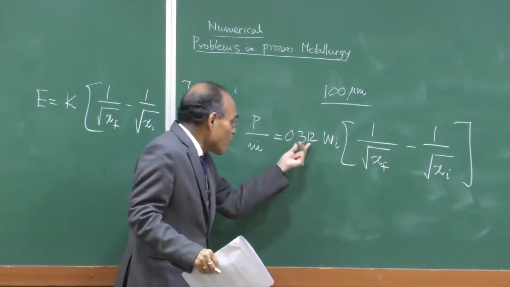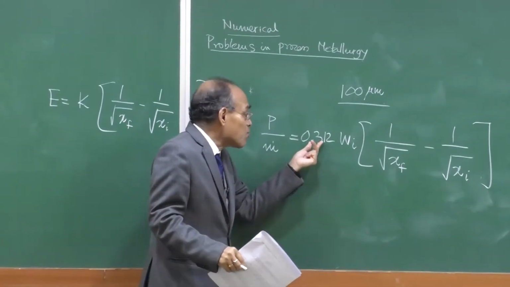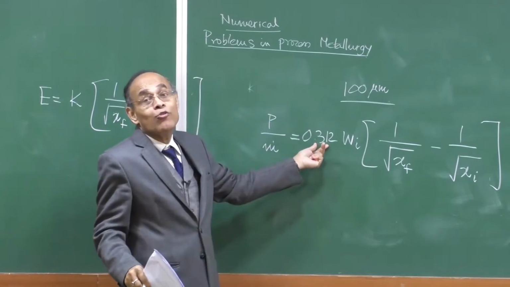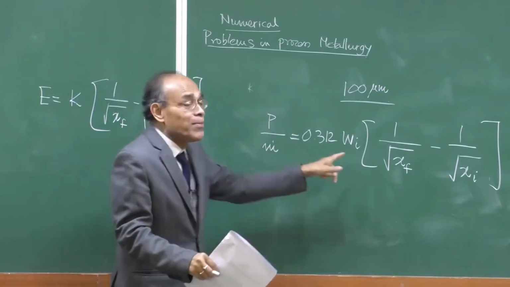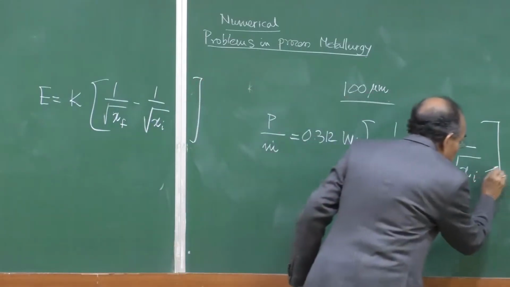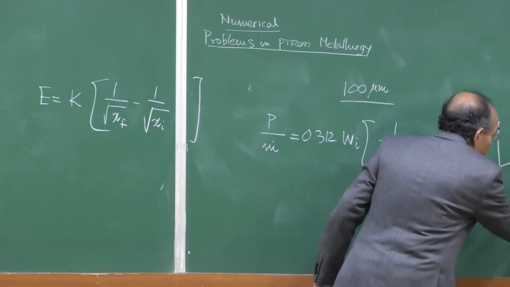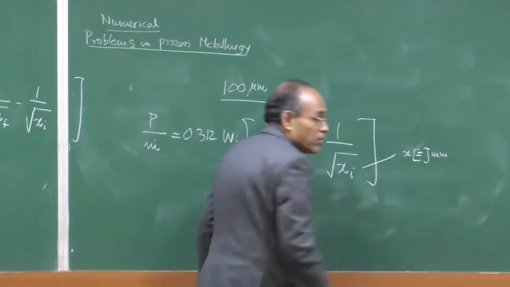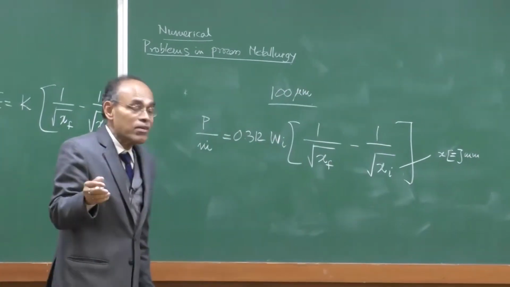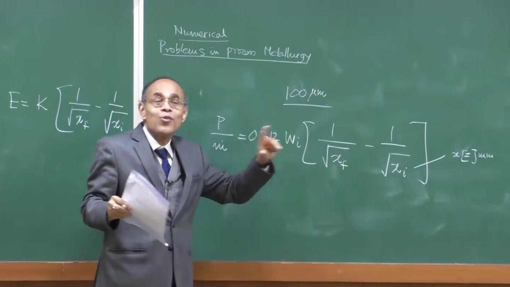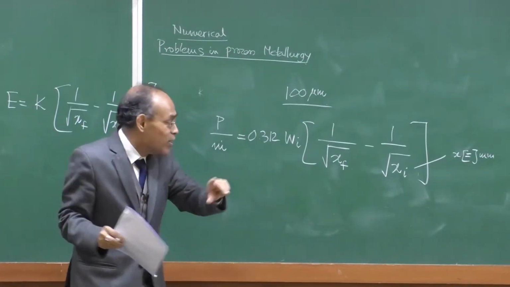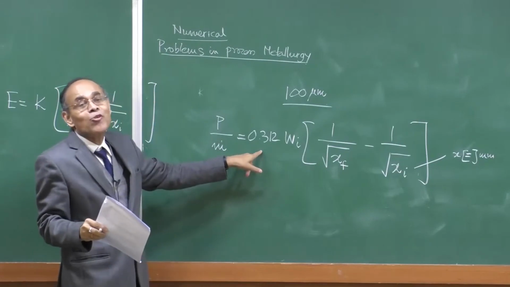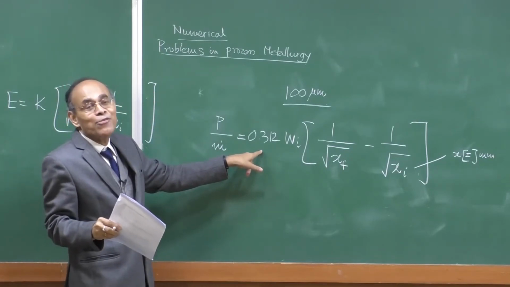And where has this 0.312 come from? It has come from the conversion of microns to millimeter. Therefore, you have to put x in millimeter in this expression. When you convert micrometer to millimeter, a 10 to the power minus 3 factor will come, the square root of 10 to the power minus 3 will come, and then the inverse of that comes out to be 312. You can clearly verify it.